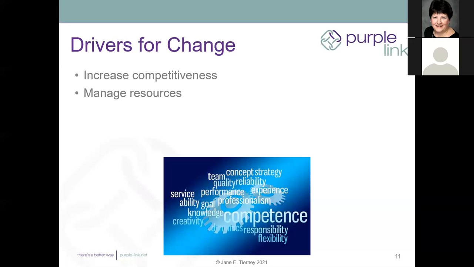If I'm not getting the outputs, what is happening with these resources, and how can I refocus that resource that I have? Again, whether it's a person, a machine, a type of automation, capital dollars, how do I channel that back into activities that are going to produce the outputs that we both need and want in the organization?